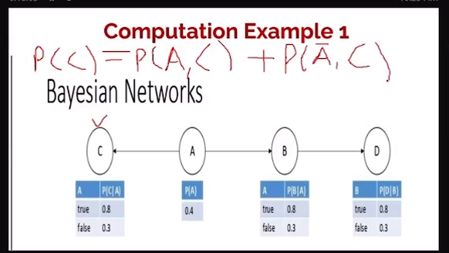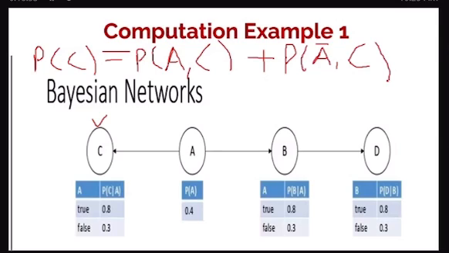I want to find the probability of C. It's actually going to be the probability of A, comma C, or A complement, comma C. Does that make sense? That's what we call total probability. We're actually going to apply your statistical knowledge of Bayes theorem and total probability in a Bayesian network.